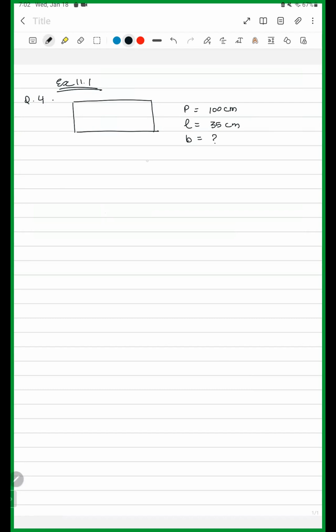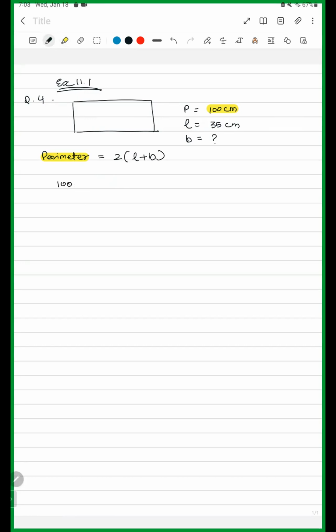Yes. Okay. Now, can you tell me the formula for perimeter of a rectangle? 2 multiplied by L plus B. Okay. Do you know the perimeter? Yes, it's 100 centimeters, or let's just write 100 itself.